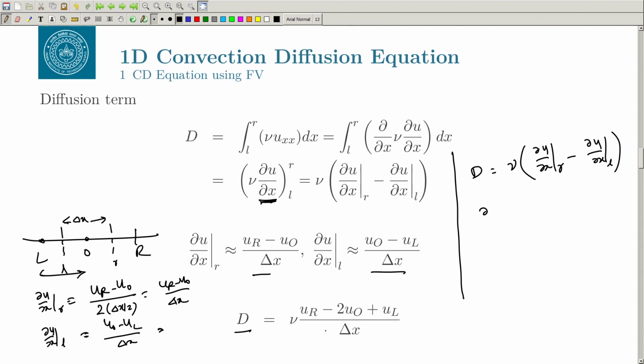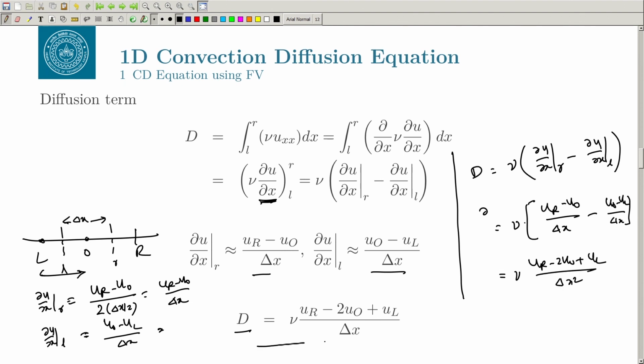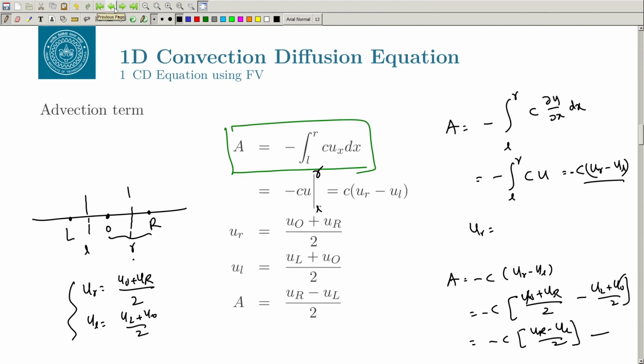So finally, your d will become, you can substitute these values, nu del u by del x at R is (u_r - u_o)/delta x minus (u_o - u_L)/delta x. So that will become nu (u_r - 2u_o + u_L)/delta x squared. So we got the value of the diffusion, and we got the value of the advection earlier here.